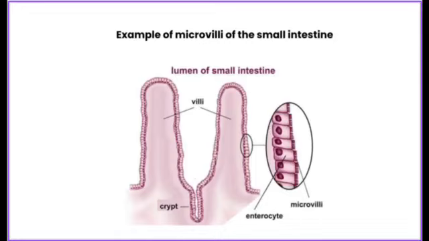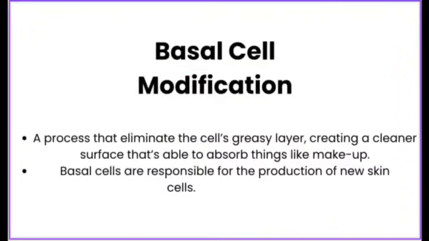Now, let's move to the next type of cell modification, which is basal modification. What is basal modification? Basal modification is a process that eliminates the cell's greasy layer, creating a cleaner surface that is able to absorb things like makeup. Basal cells are responsible for production of new skin cells.